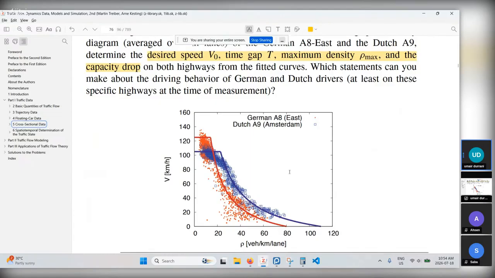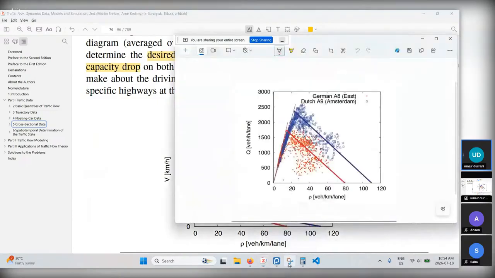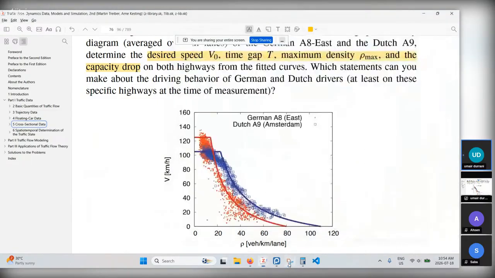And then we also have a maximum density here. So we can estimate the maximum density either from this plot or from this plot. For the German one, we see it's 80 vehicles per kilometer per lane, and then for the A9, we see it's about 110 vehicles per kilometer per lane.